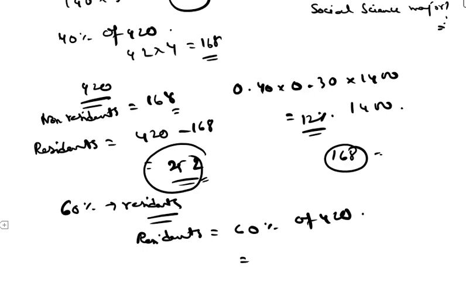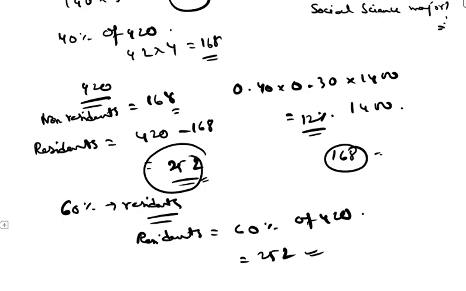So that is 252. The same answer. This is actually faster. So on the test day, once you see 40% are non-residents, you can immediately think then 60% are residents and calculate 60% of 420. Now let's discuss about the common mistakes students often do.